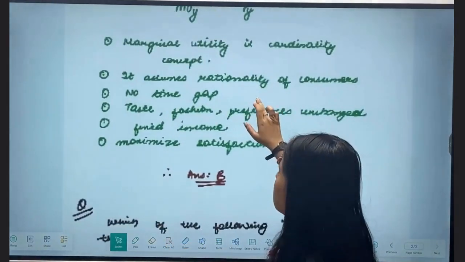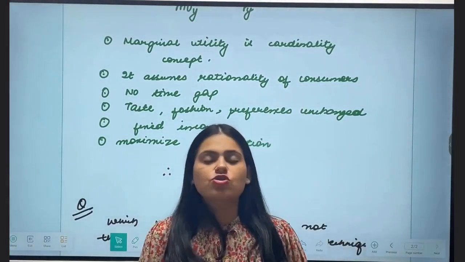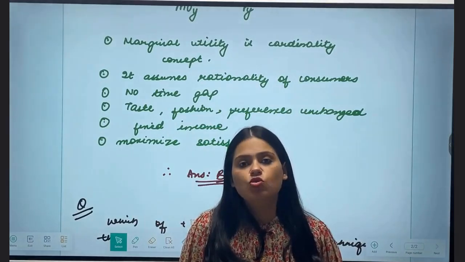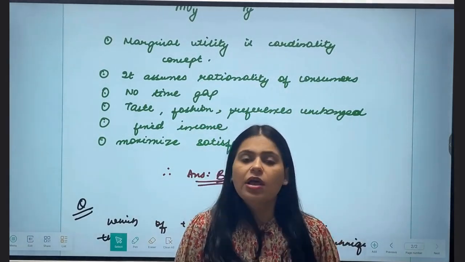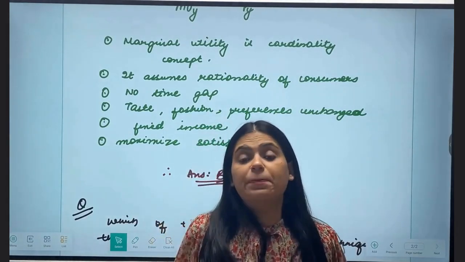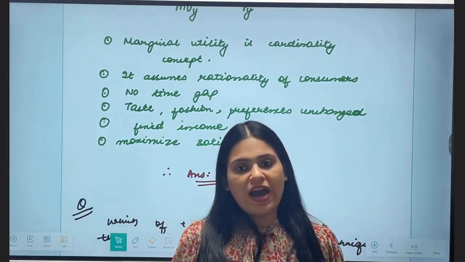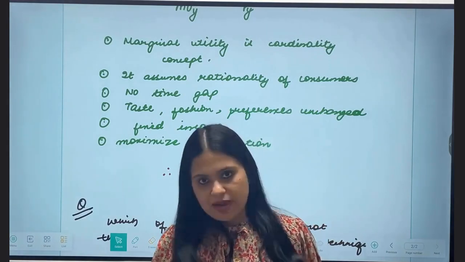Take the next thing. It assumes rationality of consumers. So we assume that consumers are rational, meaning I will take decisions based on what is best for me, maximizing my utility. So I am going to act rationally.